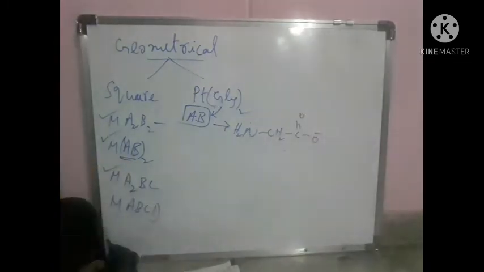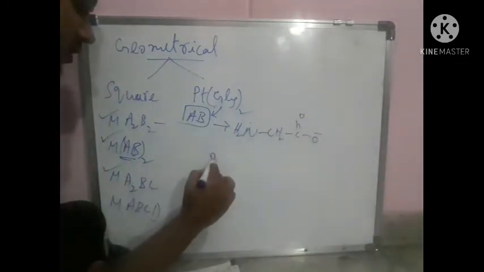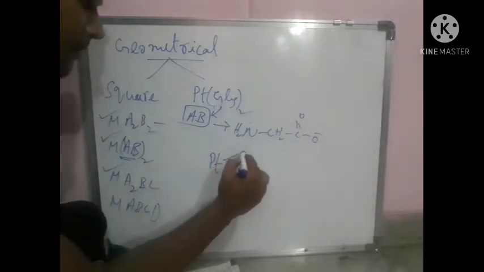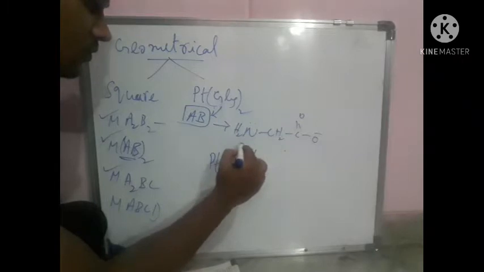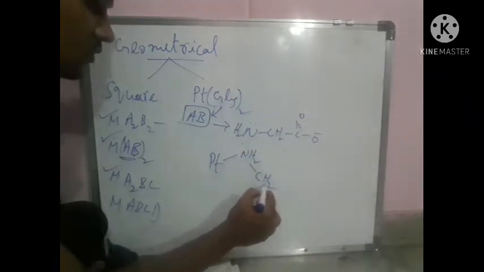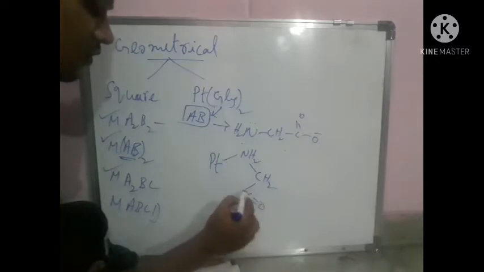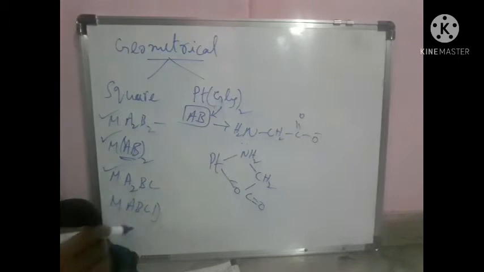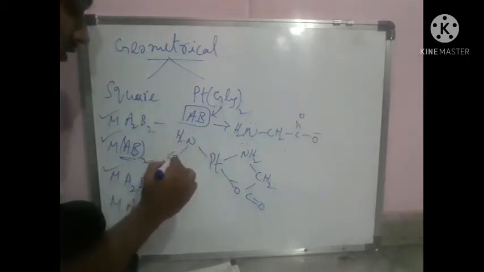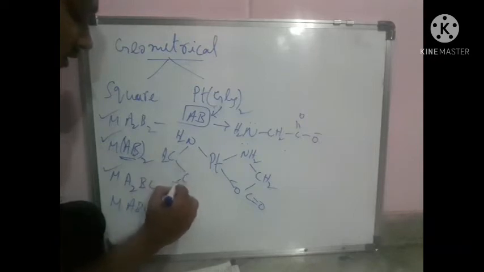So this is called glycine. And here, platinum with NH2 CH2 C double bond O minus, and NH2 CH2 C double bond O minus.